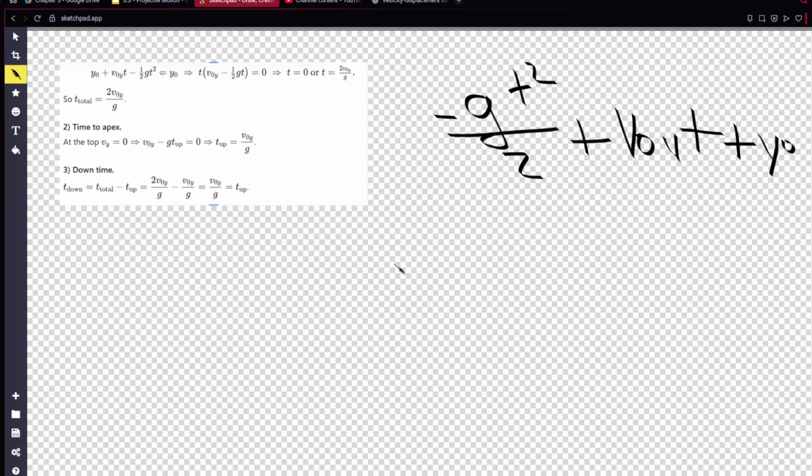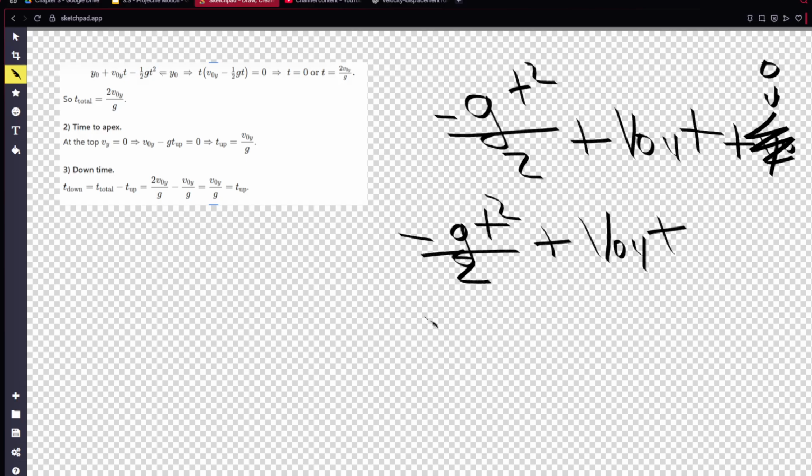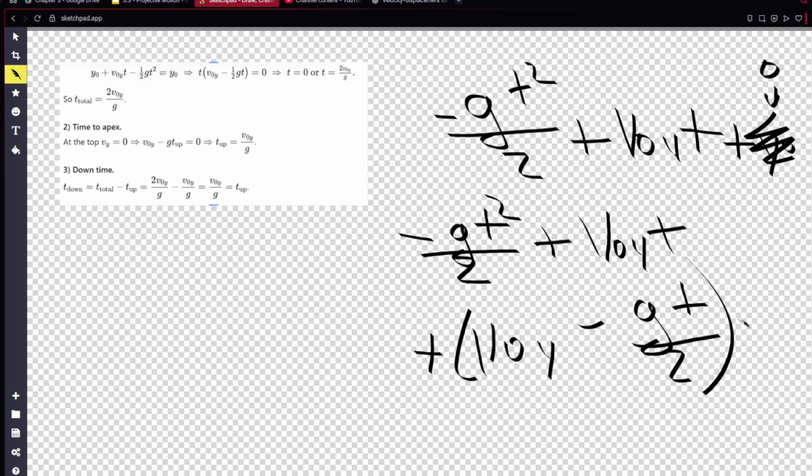So we can just factor a t out, and it becomes negative g t over 2, plus v0y, times t, because we took out the initial y since we denoted it as 0, and 0 plus something doesn't do anything. We'll factor a t out, giving us t times the quantity v0y minus g t over 2. The way they wrote it was in the opposite direction. This is equal to 0 because we're looking at when it falls back to the original position.